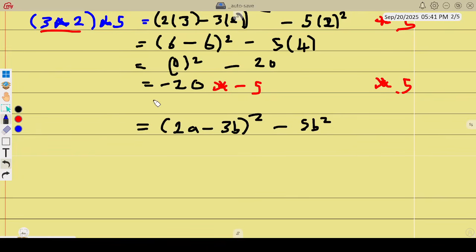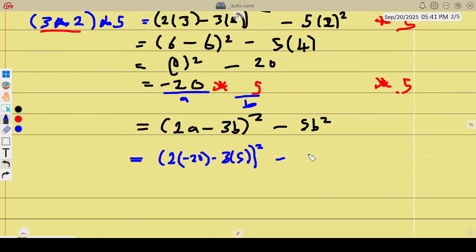So at this point, the first item is negative 20, meaning it gets a. The second item is just positive 5, so 5 is b. So wherever there's a, we put negative 20. So this is 2, while there's a, we're putting negative 20. Minus 3, while there's b, we put 5. Minus 5, while there's b, we put 5.